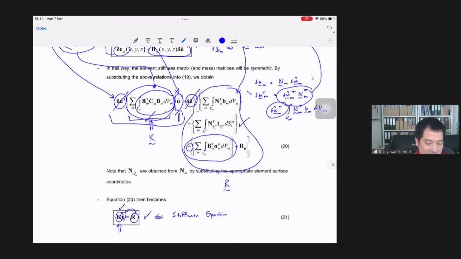So when you compute this, you need to be able to write this as components at the nodes. We'll talk about this concept a little later on.